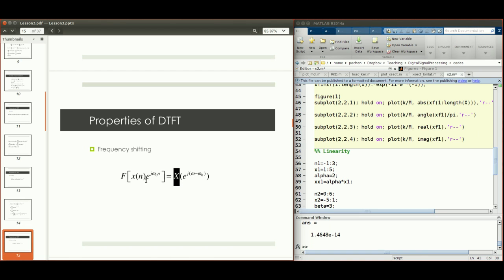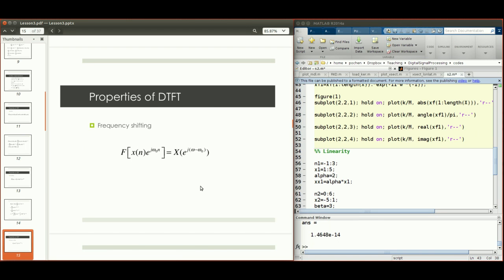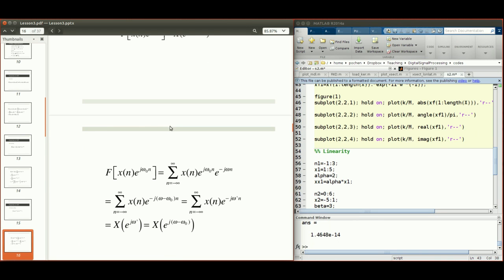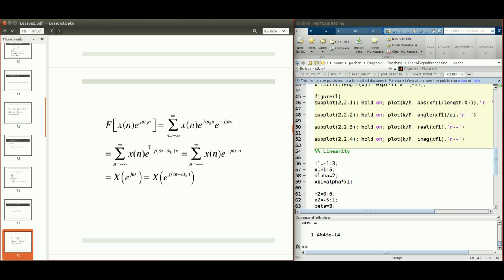So if you multiply the input signal with e to the j omega 0 n in the time domain, then in the frequency domain it's equivalent to shifting the Fourier transform of xn by omega 0 to the right. To understand this formula, let's look at its derivation.